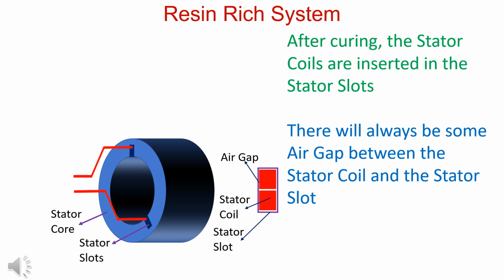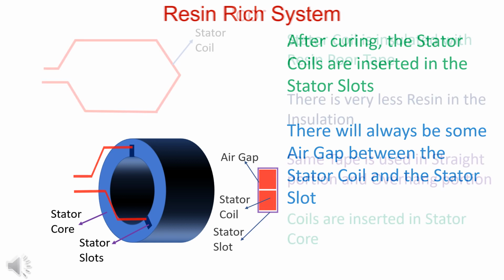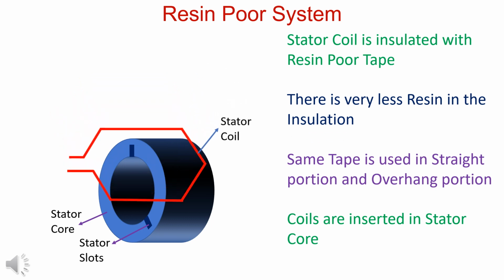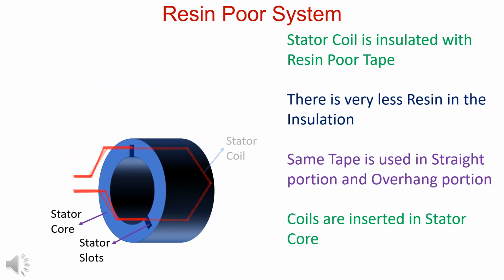After curing of straight portion of the coils, the stator coils are inserted into the stator slots. In the resin-poor system, coils are insulated with resin-poor tape and coils are inserted into the stator slots.